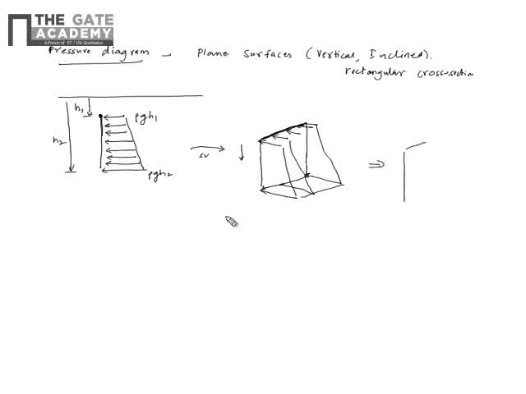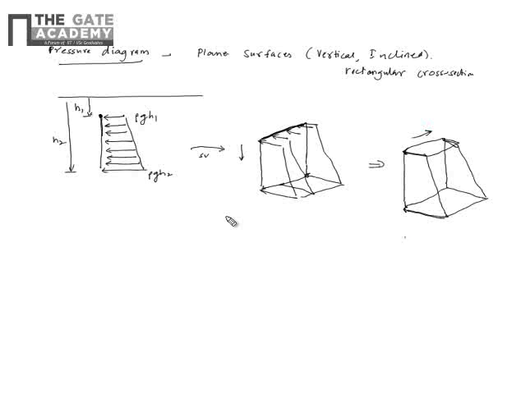So this is that area of cross section, and this is your pressure diagram, where these are your pressure at the top and pressure at the bottom, and the pressure doesn't vary in this diagram.